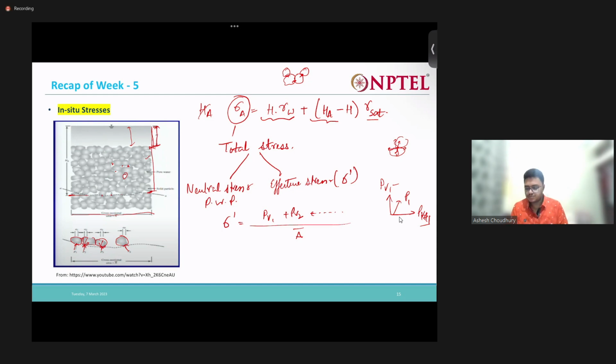So this is the actual stress that is being taken by the soil solids. The other part is taken by the water, and the stress which is being carried by the soil grains is what this is. This is the effective stress.